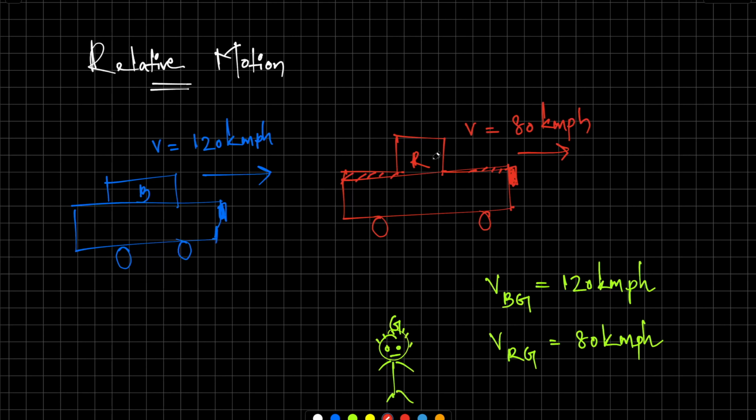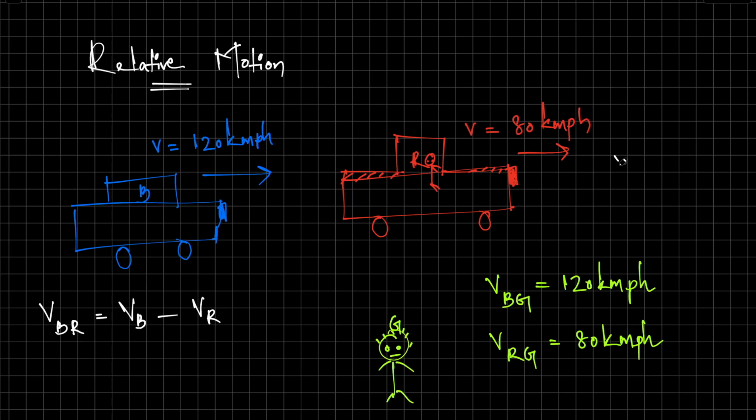Let's say a passenger inside this red car is watching the motion of the blue car. He wouldn't feel like the blue car is moving with 120 kilometers per hour. He would feel like it's slowly overtaking him, right? How do you write that? Velocity of blue car with respect to red car is equal to velocity of blue car minus velocity of red car.